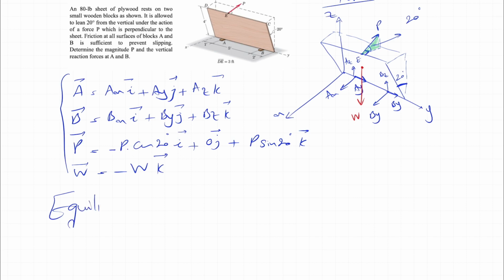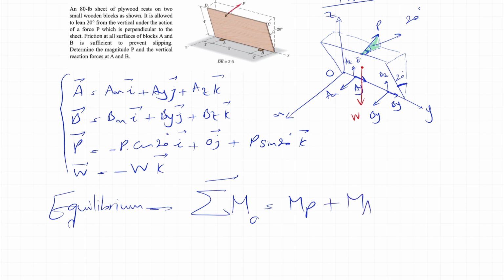Again, we are in equilibrium, and since we are in equilibrium, we need to use our equations to find the unknowns. Let's start with the moment equation, and let's find the moment about point O, which is the origin, and let's see what we can find.